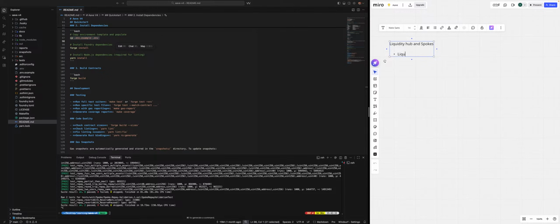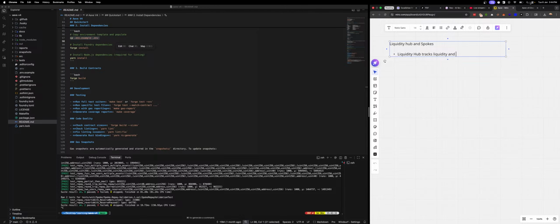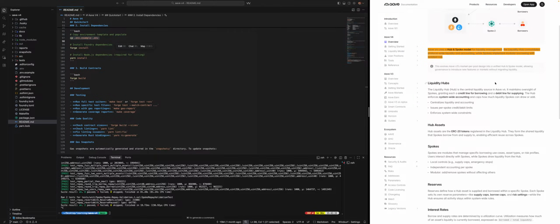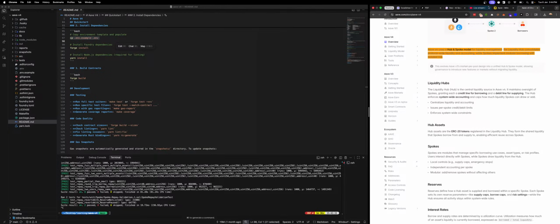Liquidity hub tracks all liquidity and accounting.